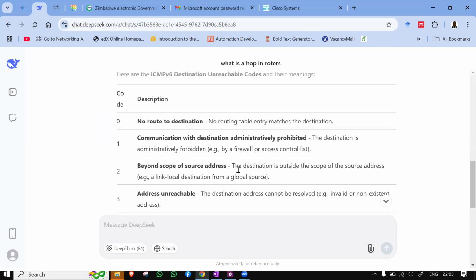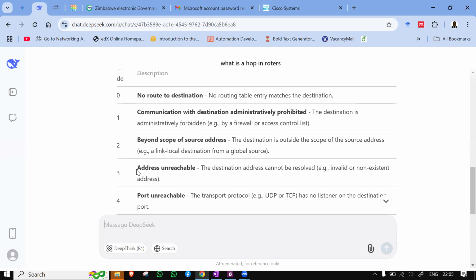I hope it's also making sense to you. So if you try to ping a link local address from a GUA, that's when you get this code. You need to link a GUA with a GUA.